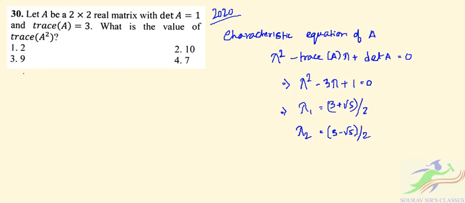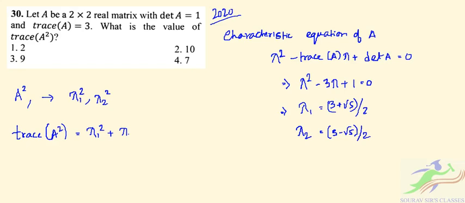We have to find the value of the trace of A square. For A square, the two eigenvalues will be lambda 1 square and lambda 2 square. We know the trace of A square is the summation of the eigenvalues, lambda 1 square plus lambda 2 square.